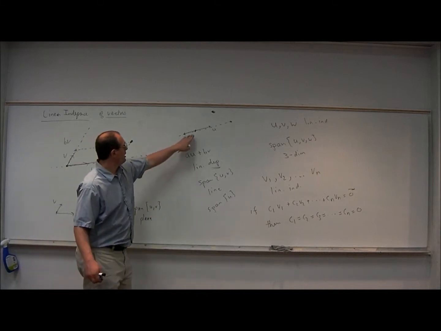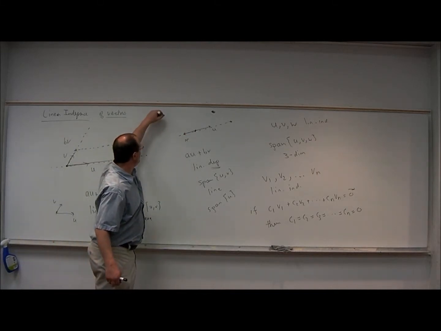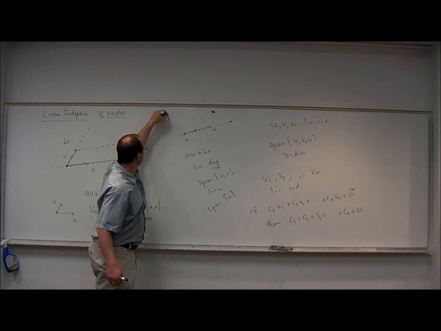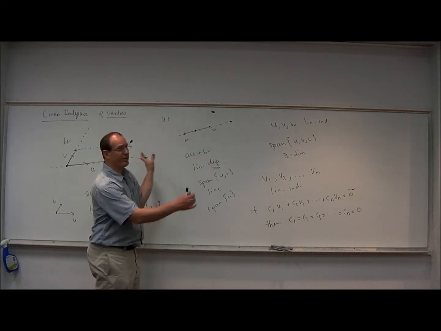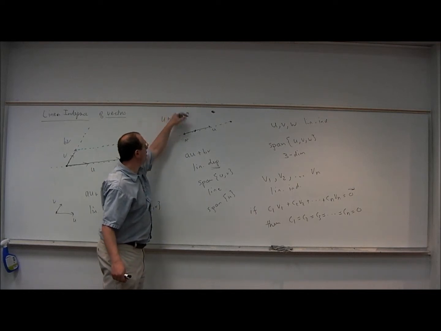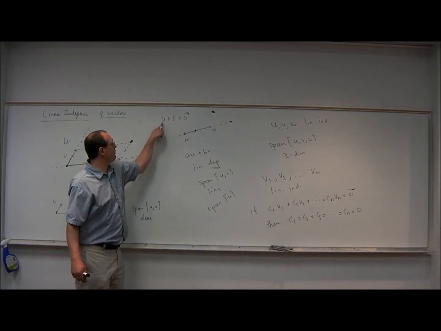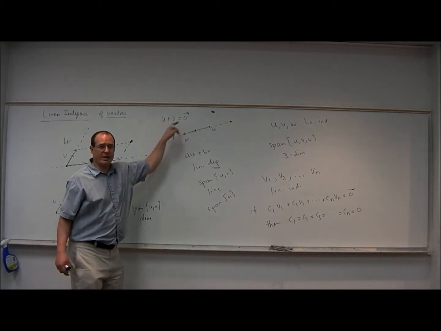Whereas here, in this case, let's say they're the same length, so in opposite directions, then u plus v would be the 0 vector. So here you have a combination of the two vectors making the 0 vector.